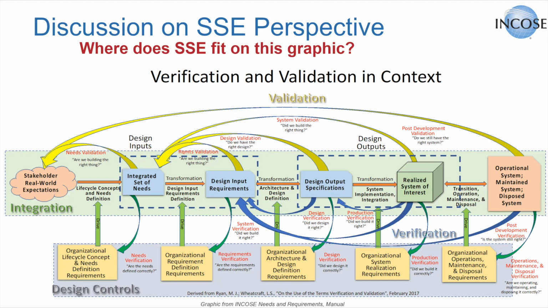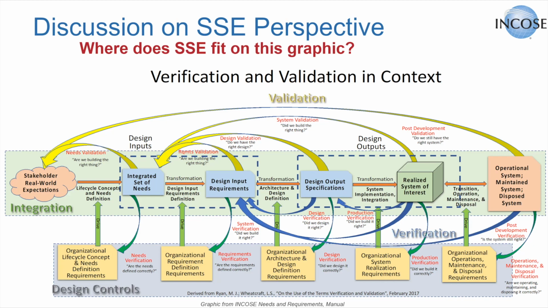Now, one thing that we've found when you look at a lot of the standards, there's requirements on the system of interest being developed, but there's also requirements on the organization developing the system. And so these design controls, all these orange boxes at the bottom, are organizational requirements that tell the teams when you're doing these transformation activities, here's certain things you need to consider.